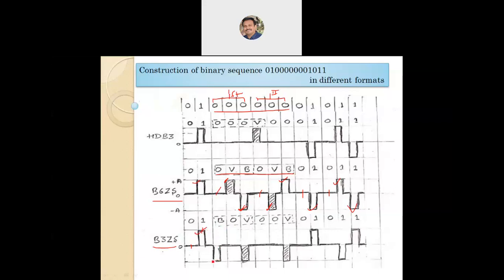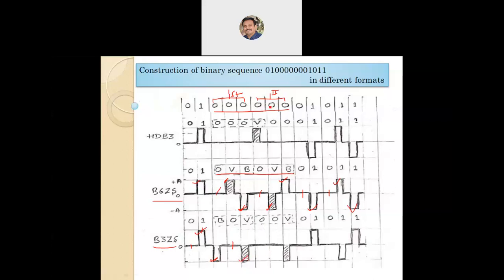The next one must be negative amplitude. Next 0, 0 amplitude. V, which is going to violate the bipolar rule, hence the previous bit has minus A amplitude, the present V should be the same, that is minus A amplitude.